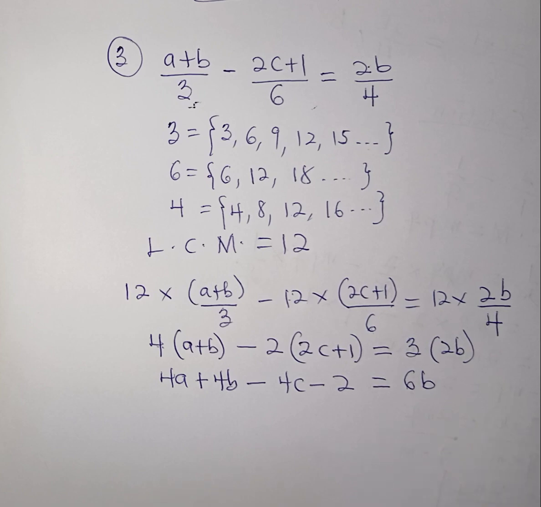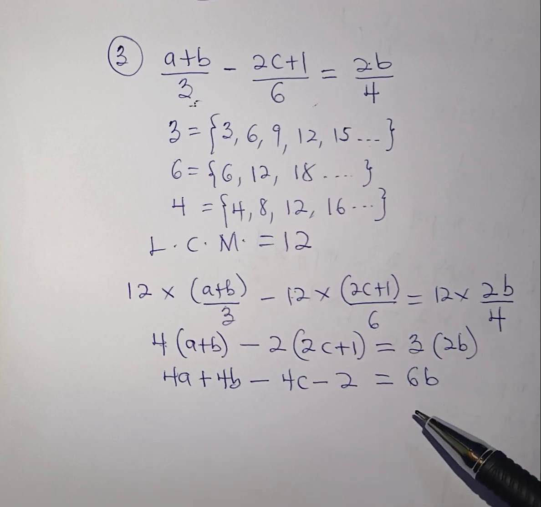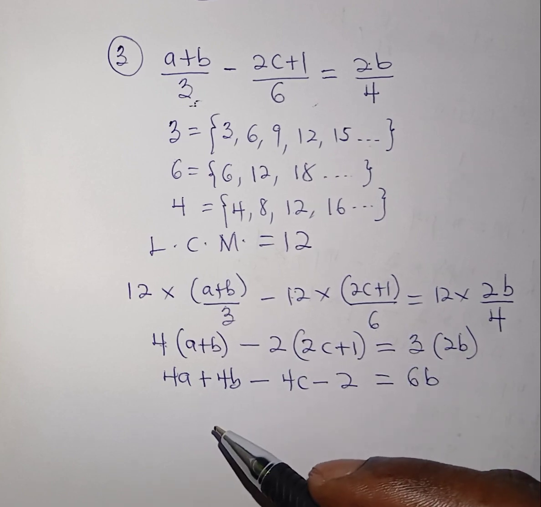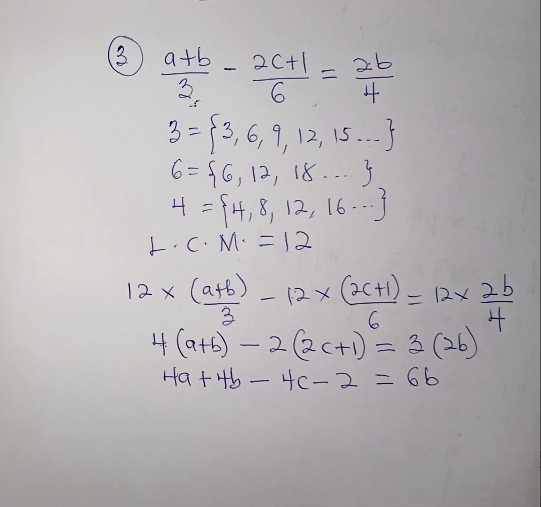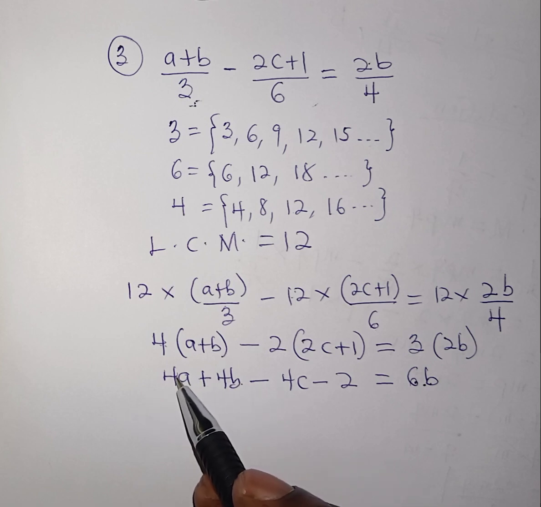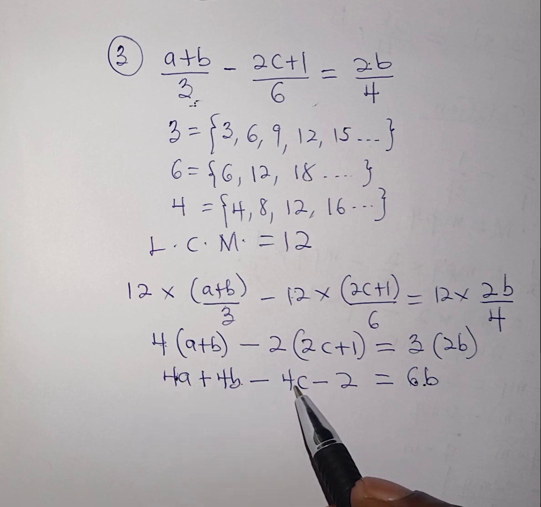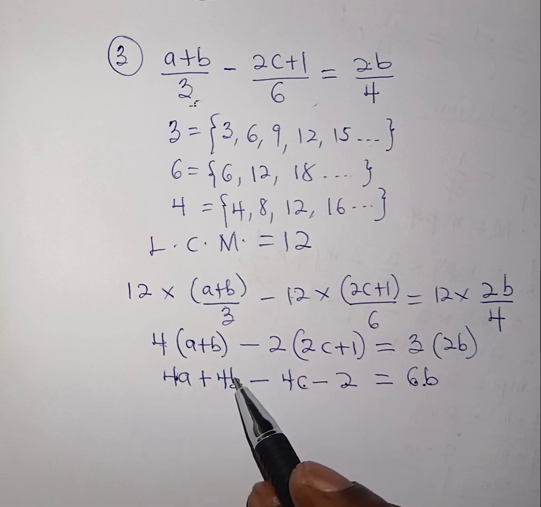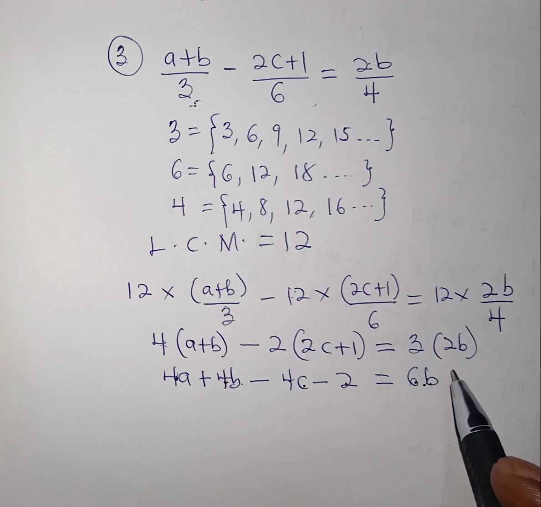Now in this question we're asked to express b in terms of a and c. Okay, so once we are going to do that, then I think we have 6b here, we have 4b here. So for the grouping of like terms, I will decide that I will keep 4a minus 4c minus 2 and then transpose 4b to the other side.